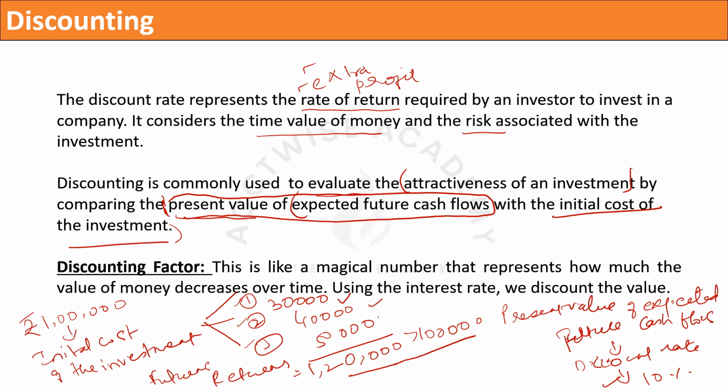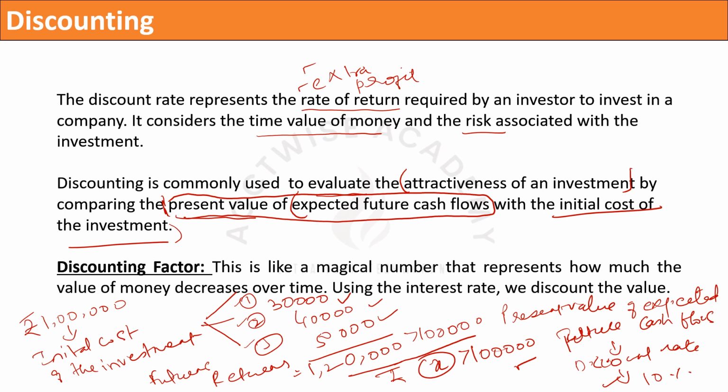Similarly, for 40,000 and 50,000, we will convert to the present value by applying a rate of 10%, and we'll get an amount of rupees X. If this rupees X is greater than 1 lakh, we can go ahead with the project, or else it's not a good idea to go ahead with the project.